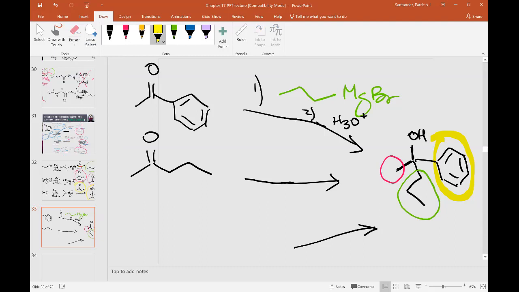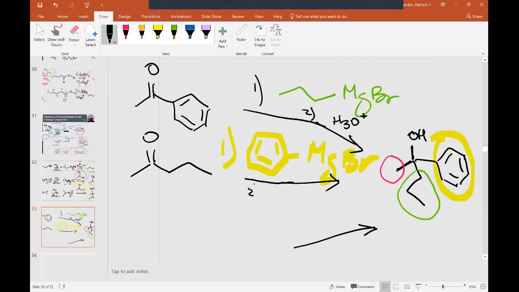Well, the newcomer is going to be the phenyl group. So that means that my Grignard will have to be this, right? Sorry, it's not looking very nice, the MgBr is too big. That will be my Grignard. And then my step number 2, H3O plus.